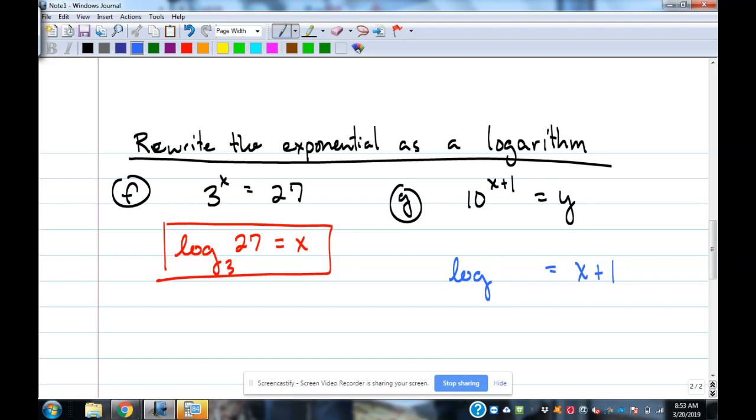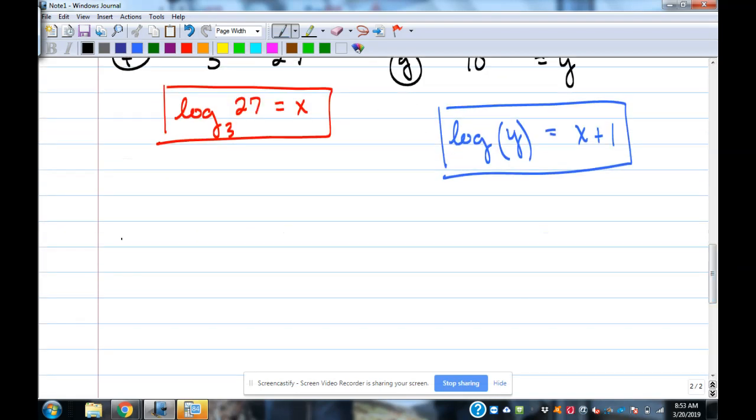What base is that? 10. Do I need to write the 10 there? No. Is it wrong if I do? Not necessarily, no. So that would be log base 10 of y is equal to x plus 1. If you wrote the 10 there, that's okay, but it's not normally done. Kind of like writing the 1 in front of x. You know it's there, but you don't usually write it.